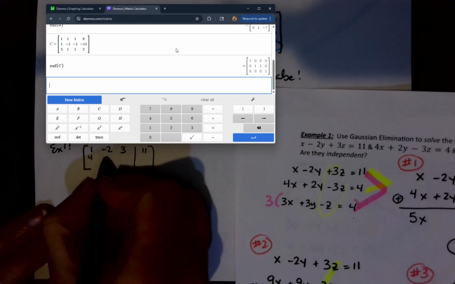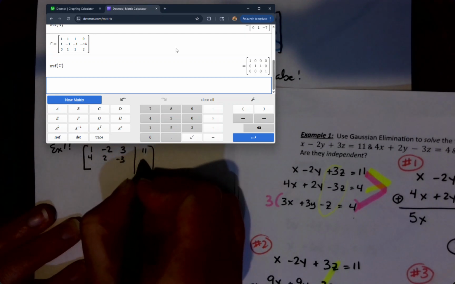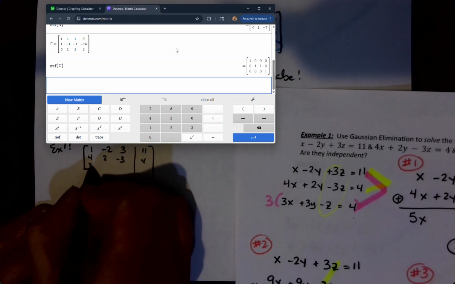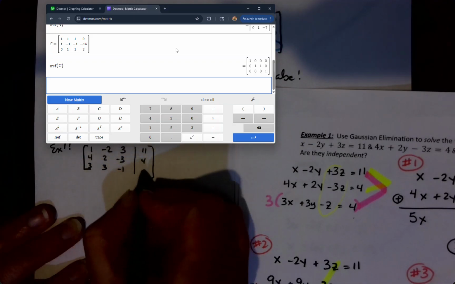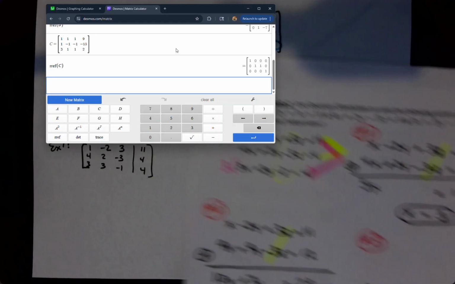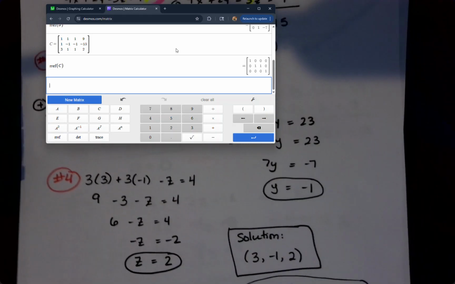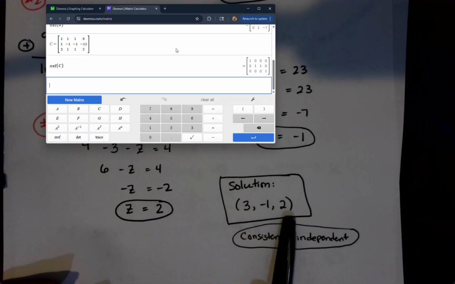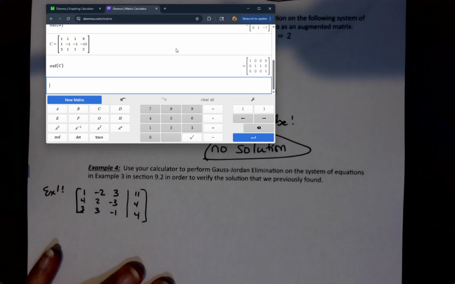Then 4, 2, -3, 4, and 3, 3, -1, 4. Okay. We had solved this in example 2, and we had gotten a solution of 3, -1, 2. Let's see what happens if we use this matrix.